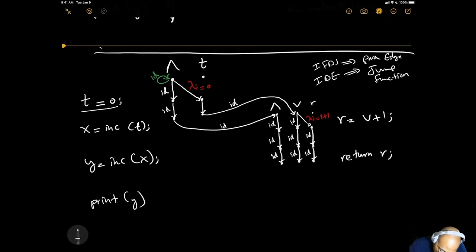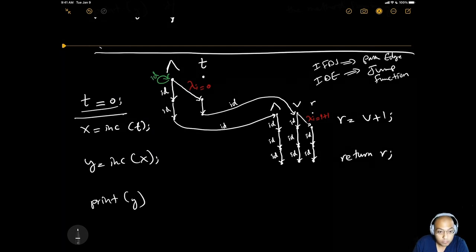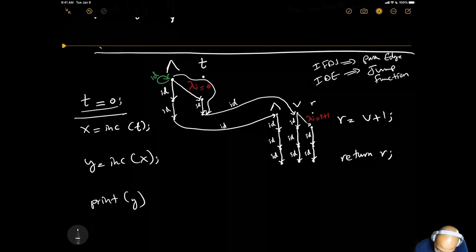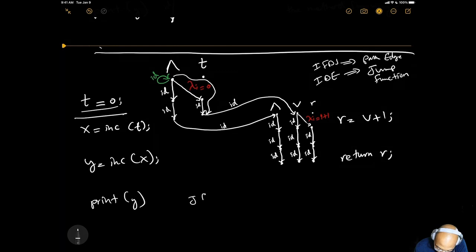Our jump function after this statement is something that will summarize this path up to that point. So what are the functions that we have along this path? The jump function along this path, I'm just going to call it JF, consists of ID, lambda I equals 0, and then ID.